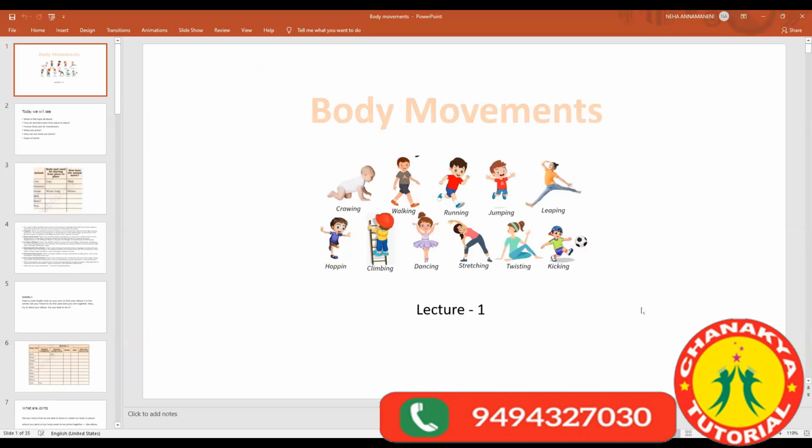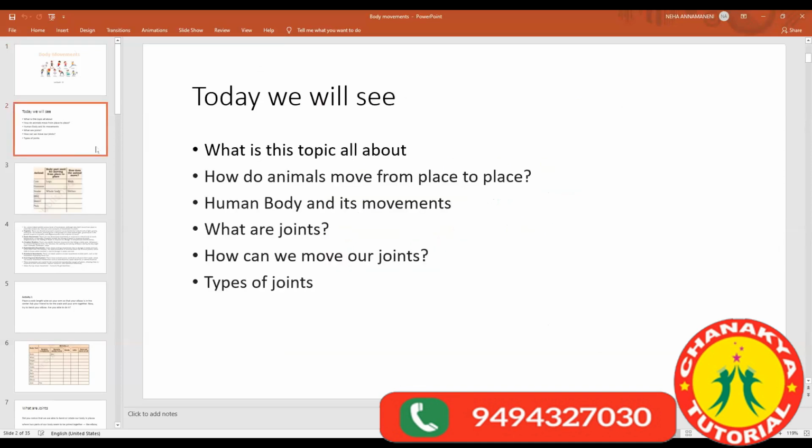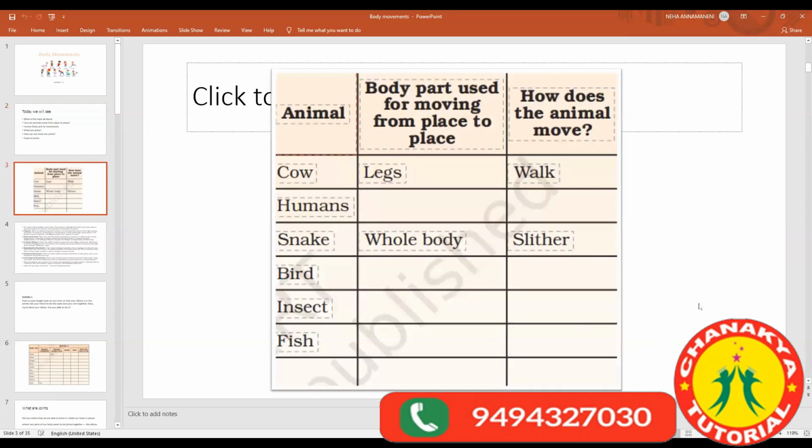So I'm going to explain the topic body movements. I'm going to explain what the topic is all about, how animals move from place to place, human body and its movements. So first there's a table. Let's finish it up. Here there are three columns. The first one is animal.